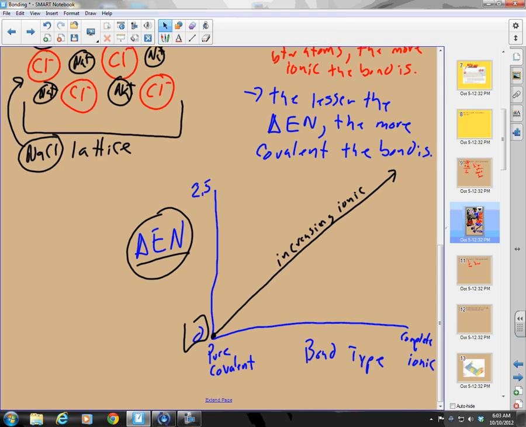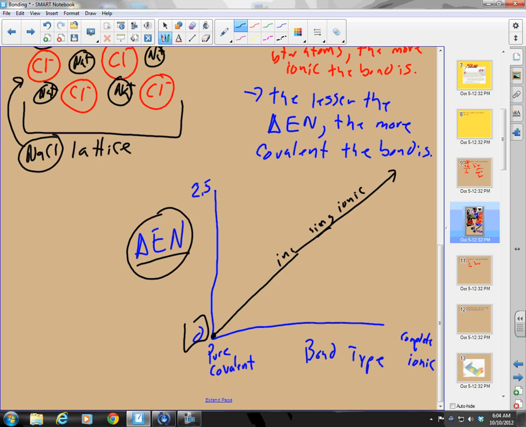Good, but I can also look at this a different way. When I'm at 0, what is my percent ionic? We say it's 0% ionic. Oh, I'm completely confused.